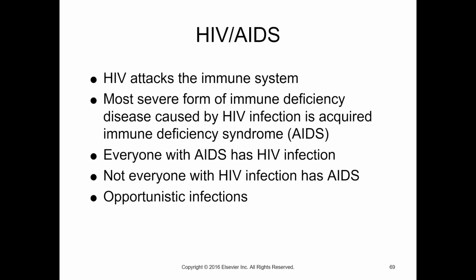AIDS is basically an HIV infection that has run rampant for long enough that you actually see destruction and basically lack of function in your T helper cells. T helper cells, you can kind of think about them as like air traffic control for your white blood cells, right?